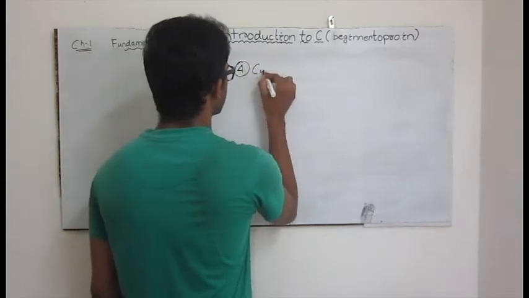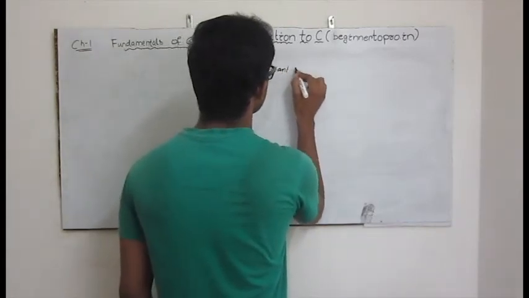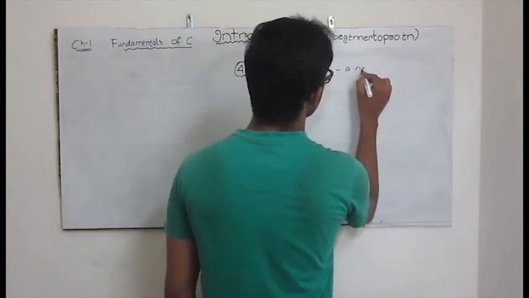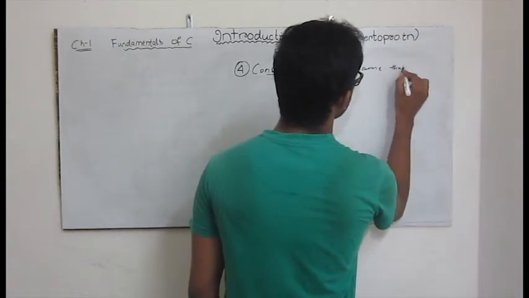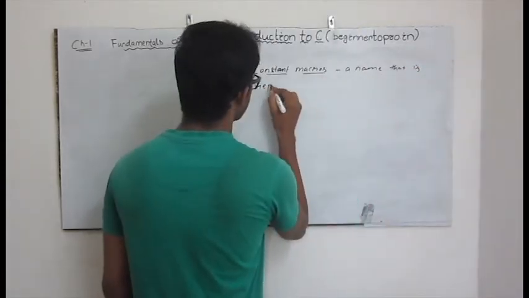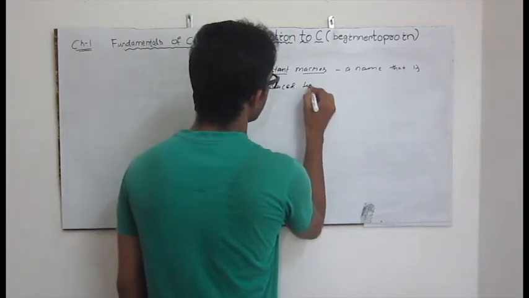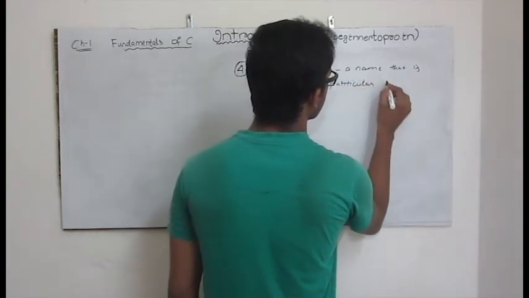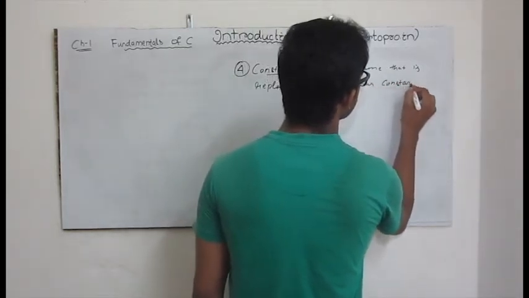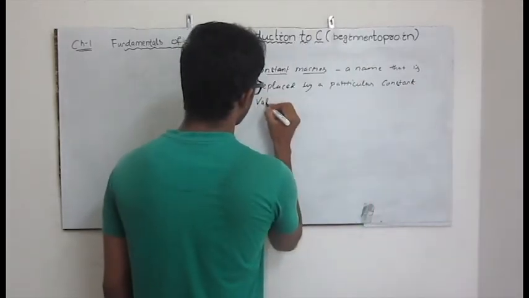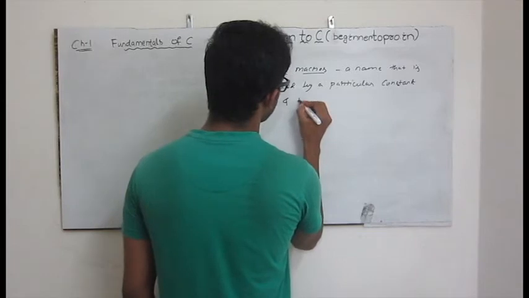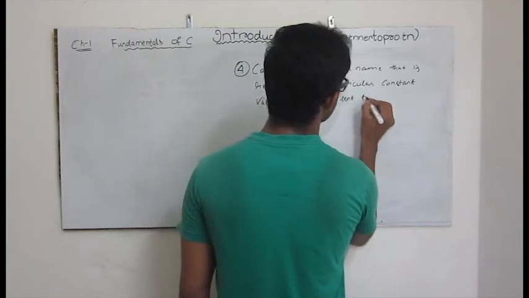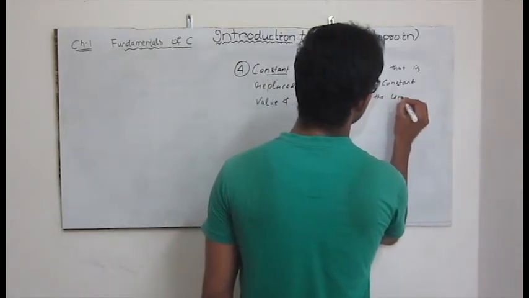So our point is constant macros, a name that is replaced by a particular constant value and then it is sent to the compiler.